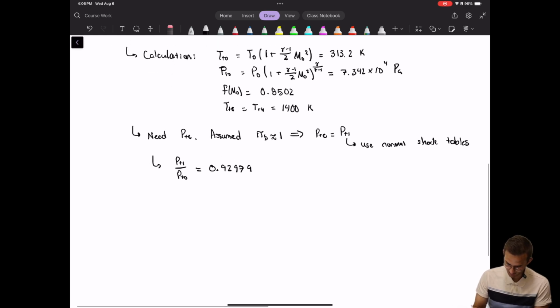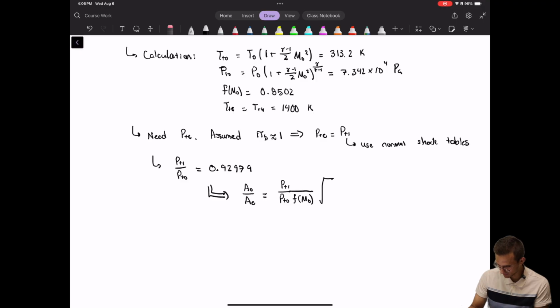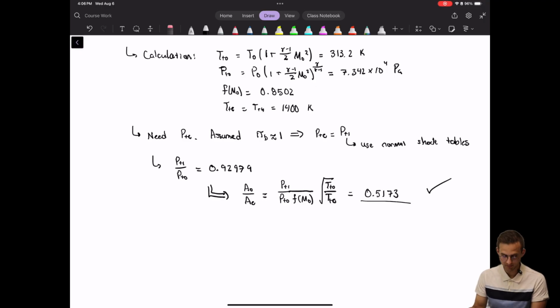And then we have everything we need to calculate the area ratio. A naught over AE is equal to PT1 over PT naught times F of M naught times this quotient TT naught over TTE, and that value ends up being 0.5173. Okay, so that's one part of the problem down.